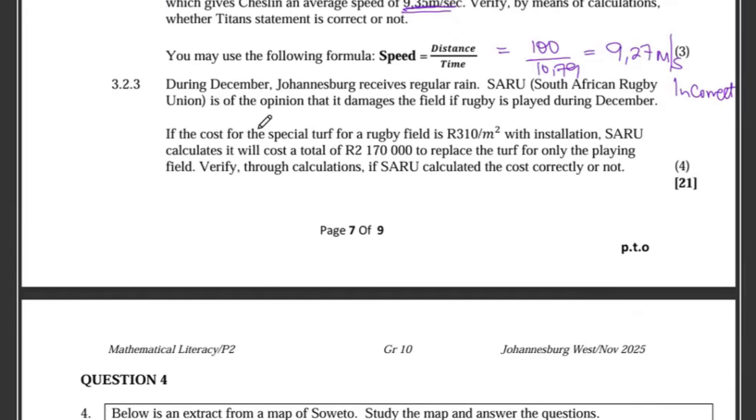If the cost for the special turf for a rugby field is 310 rands per meter squared with installation, the organization calculates that it will cost a total of 2,170,000 to replace the turf for only the playing field. Verify showing all calculations. Now remember, for only the playing field.